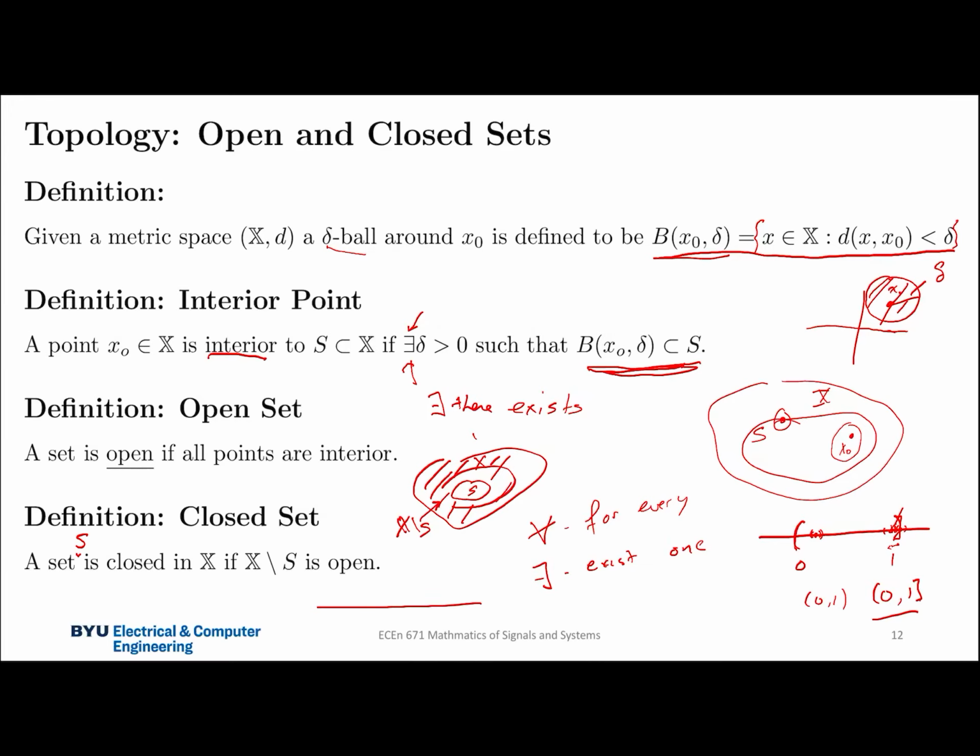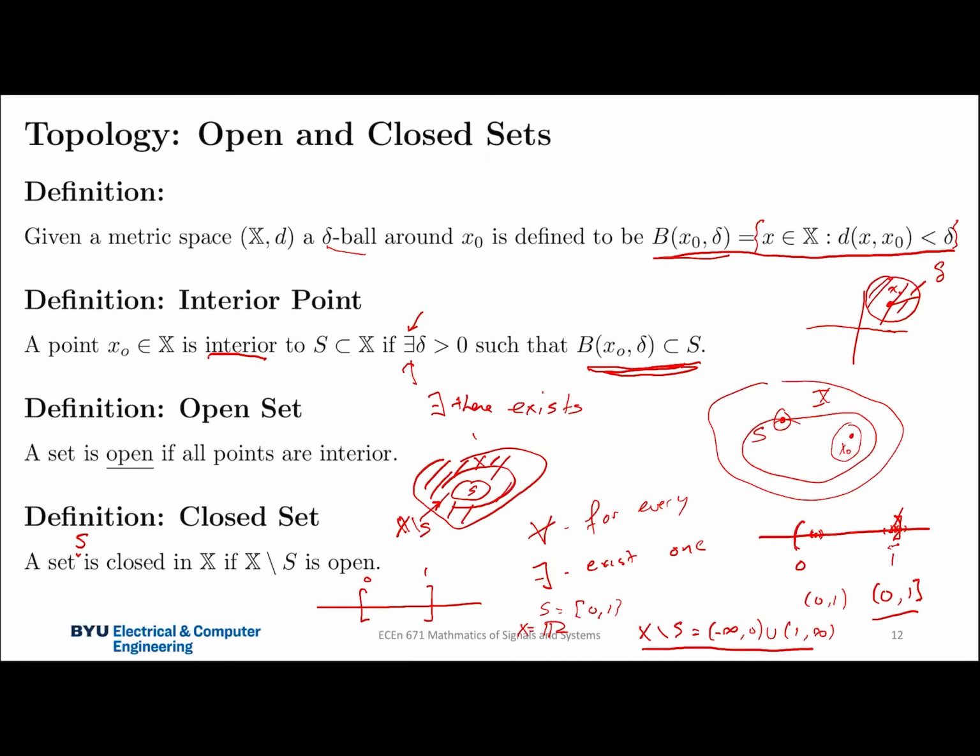So again, on the real line, let's say the interval 0 to 1 is S, and X is going to be all of R. Then X minus S is going to be the set minus infinity up to 0, union, 1 up to infinity.